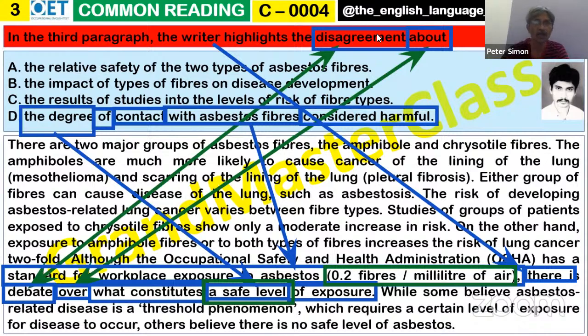So now I want you to realize one thing: there are certain traps for the questions. These are called deceptions.